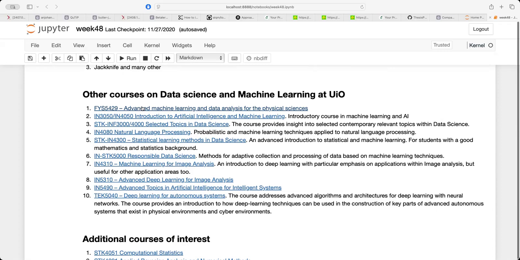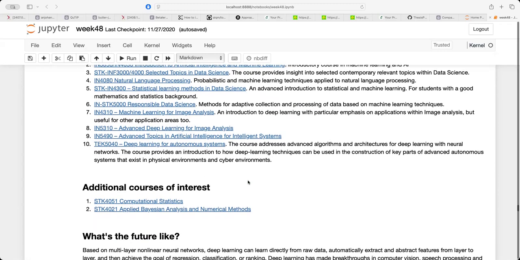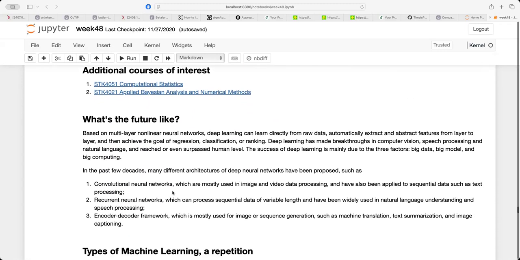People who do analysis of experiments at CERN often have images of the energy deposited in the detectors, represented as images, and then you can use these images to classify what kind of event took place. And then recurrent neural networks, which came at the end of the 90s, were actually used to process sequential data, and they have been used in language understanding, and they are also the stepping stone towards large language models.